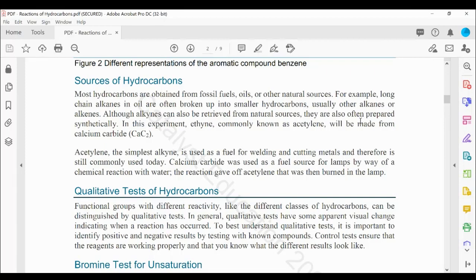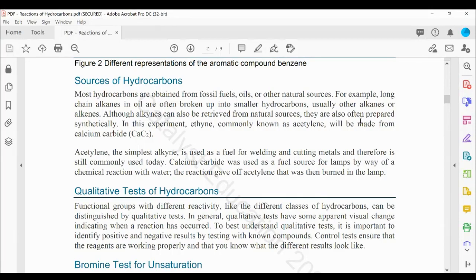So we said that in this experiment, we will perform just 2 qualitative tests for hydrocarbons. But I'm asking you, what are qualitative tests? Well, they are chemical reactions that will give you a visual change when the reaction is positive.